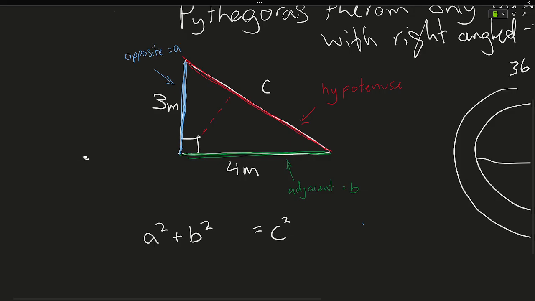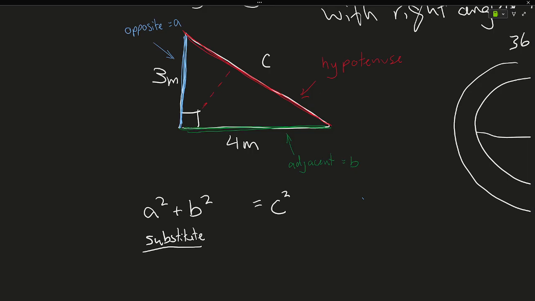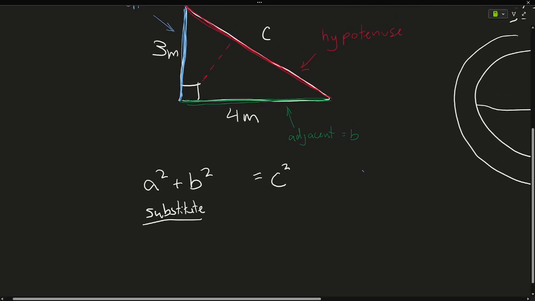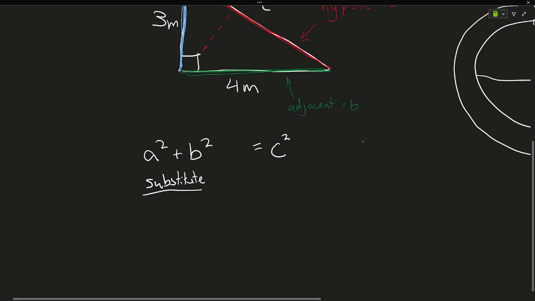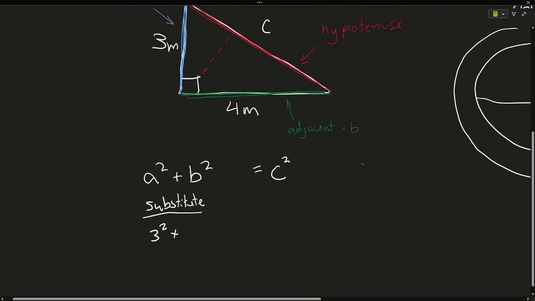So let's go back to our equation. So we have our terms. We have A as our opposite, which is 3 meters. So if we substitute, we know our A equals 3. So that means our 3 squared plus our 4 squared.